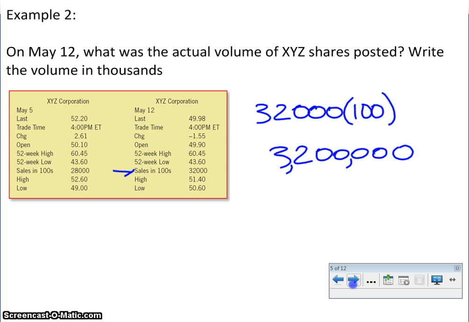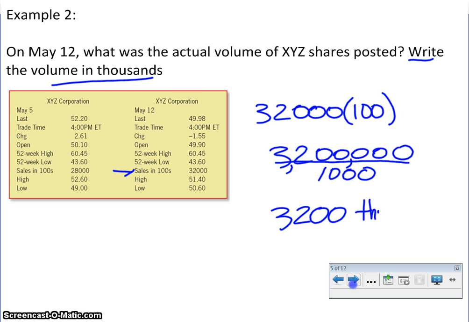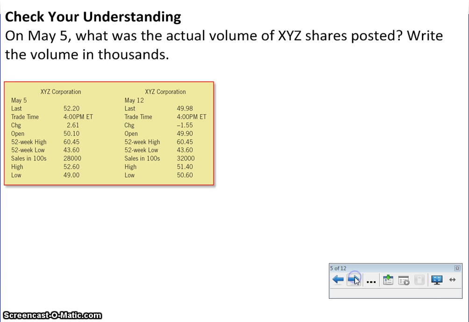But it says to write the volume in thousands. So I divide by 1,000, and we find that there are 32 thousands of shares that were traded on that day. Please press pause, go ahead and solve this, come back when you're ready and we'll work it through.